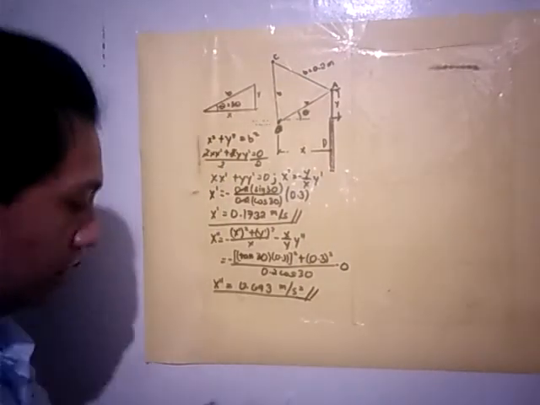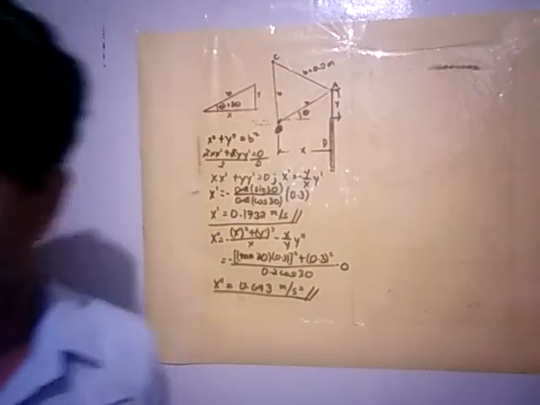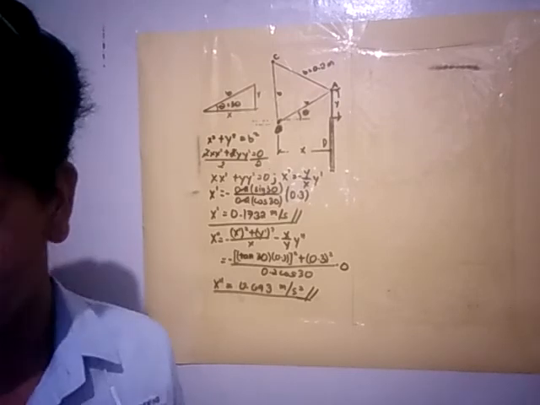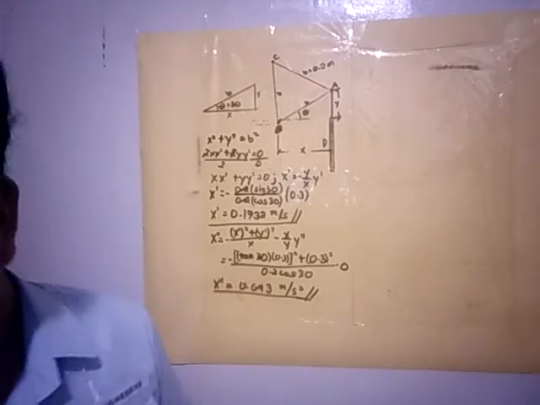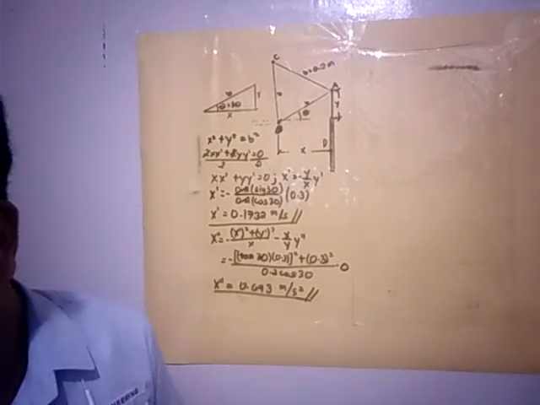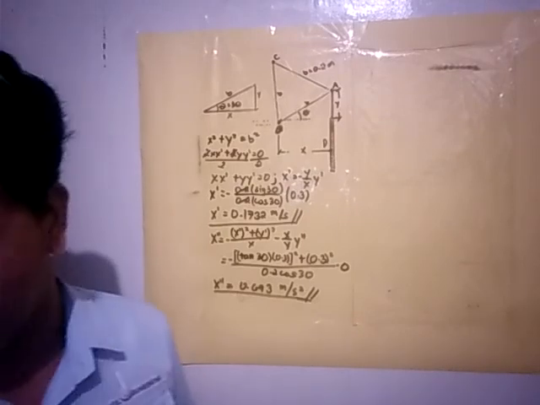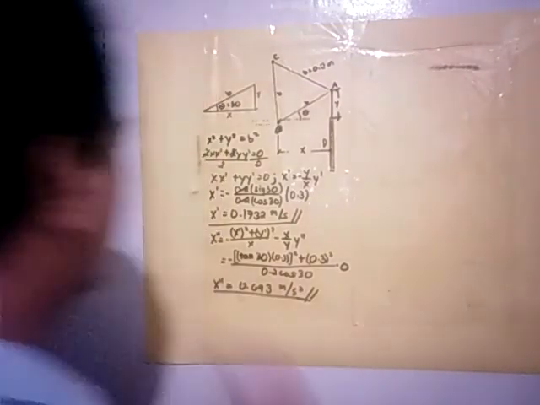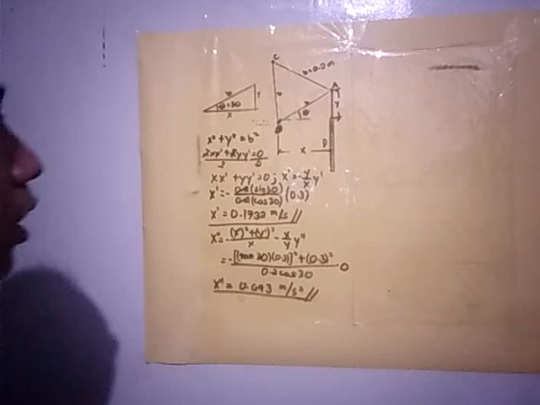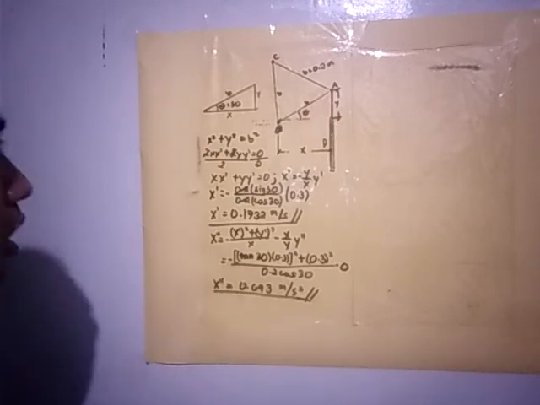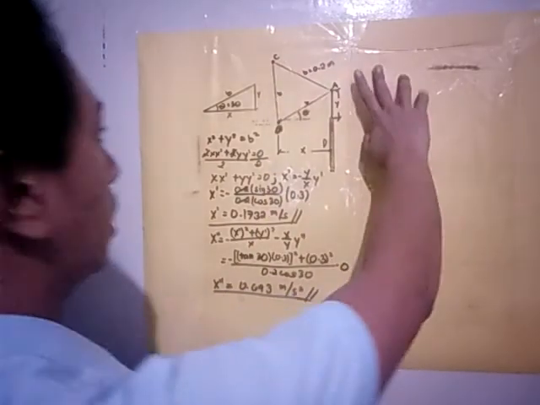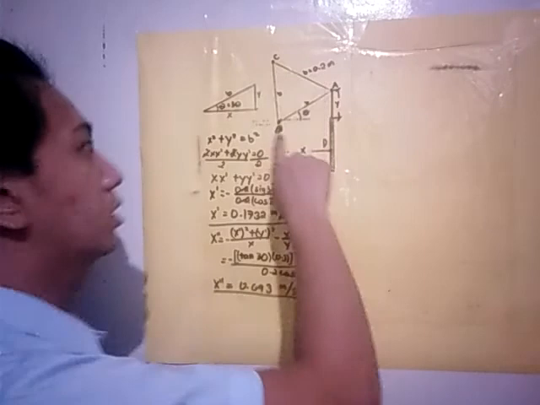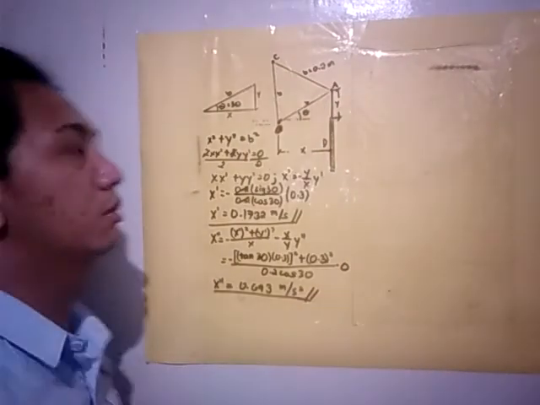So next, the question also required us to calculate the angular velocity and angular acceleration at line CB or member CB.